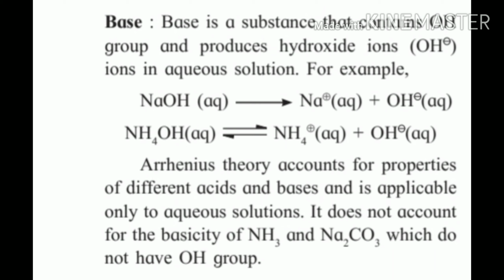So the Arrhenius theory of base is not applicable for such substances where the OH group is absent. So this is all about the Arrhenius theory for acids and bases. I hope you understood what it is.